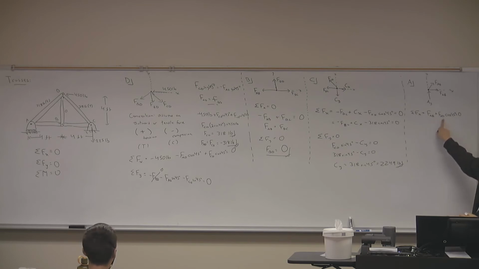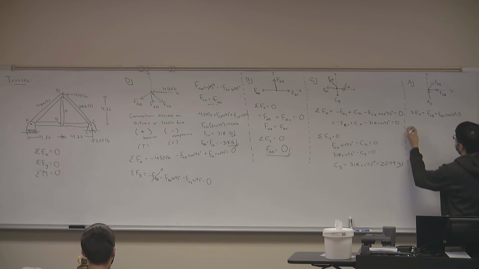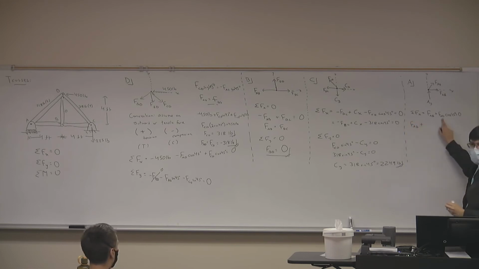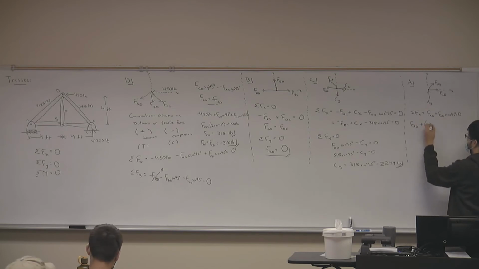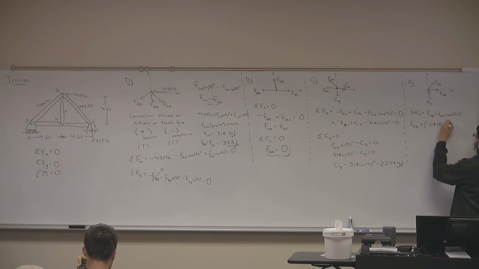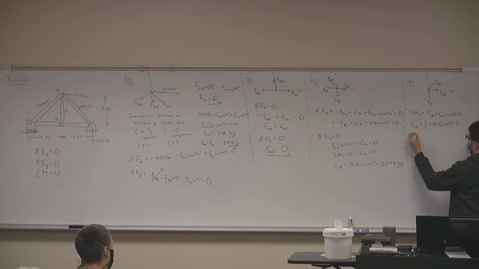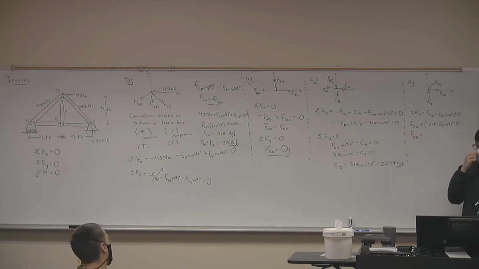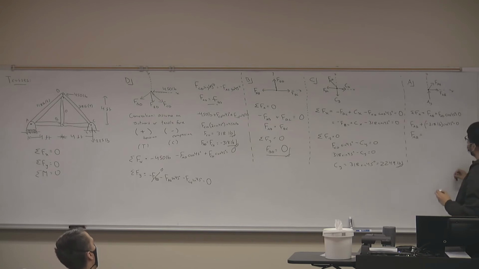FAD, right? So I get that FAB plus, what was FAD equal to? Negative 318. So minus 318 pounds times cosine of 45 equals 0. And that gives me that FAB equals what? 229 pounds.